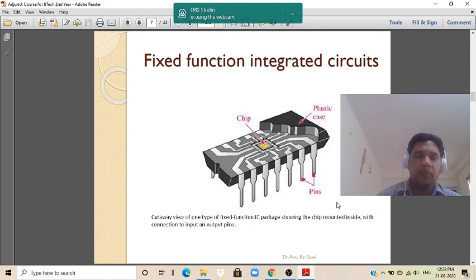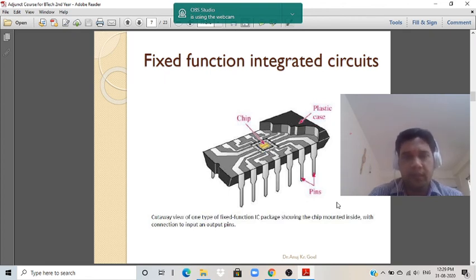It is a simple integrated circuit that comes in a plastic package. In every laboratory we have different ICs, which are black colored plastic ICs. Basically, in an IC, in between there is the chip. The chip is made of silicon material. On the silicon substrate we form different types of circuits.